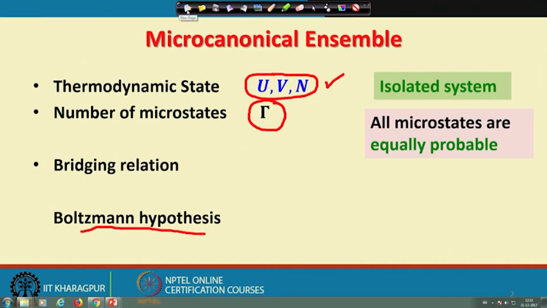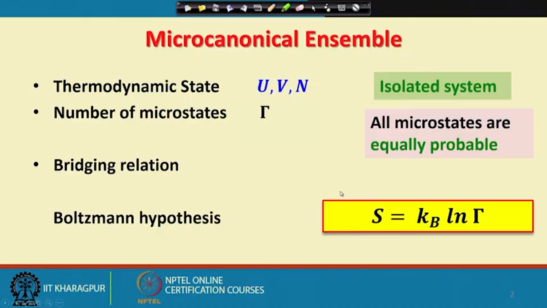So, do you remember what the Boltzmann hypothesis is? Yes, the Boltzmann hypothesis gives you the entropy, which is a thermodynamic quantity, in terms of this number of microstates gamma. So, this fundamental equation once again is a hypothesis. We can justify the existence of an equation like this, but as I have discussed before, it cannot be proved. It required the genius of Boltzmann to come up with an equation like this.